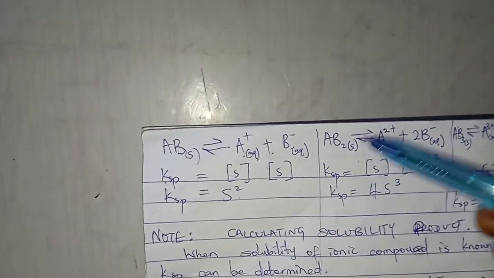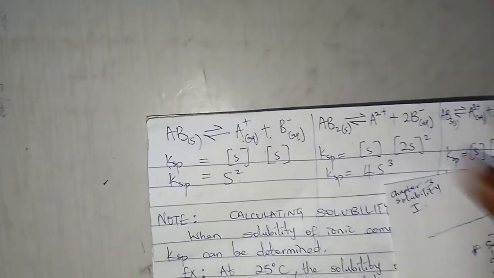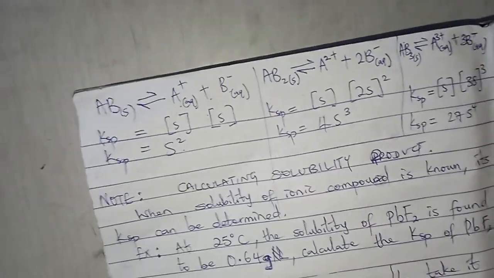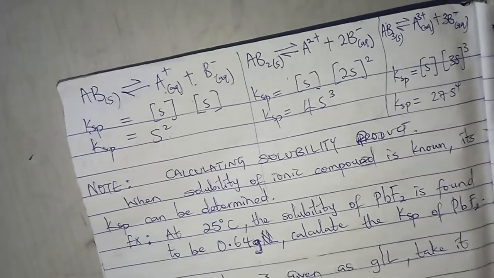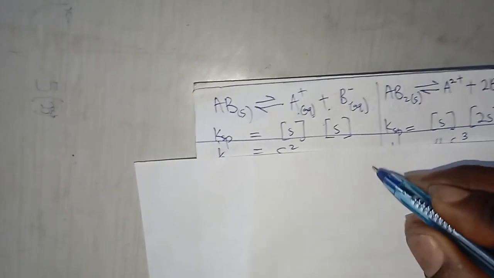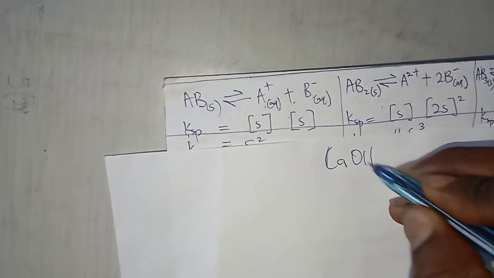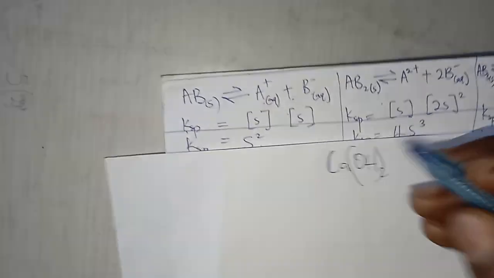While in a situation whereby I have AB squared, notice that I just did this for teaching sake. Let's say I have a situation like this where I have calcium hydroxide, Ca(OH)2.